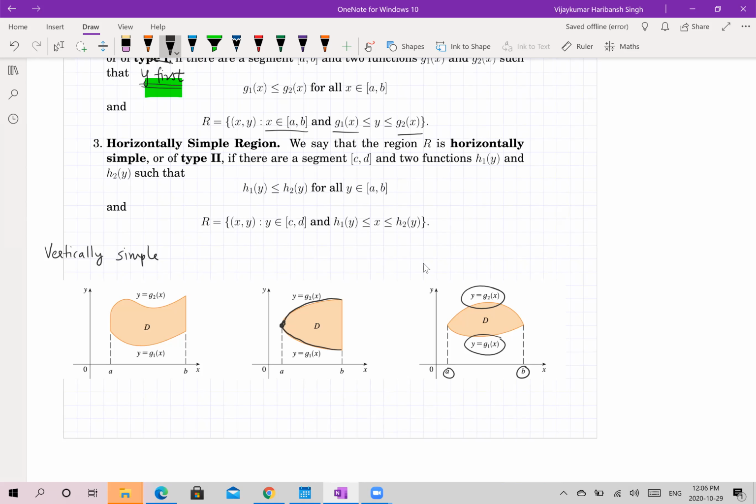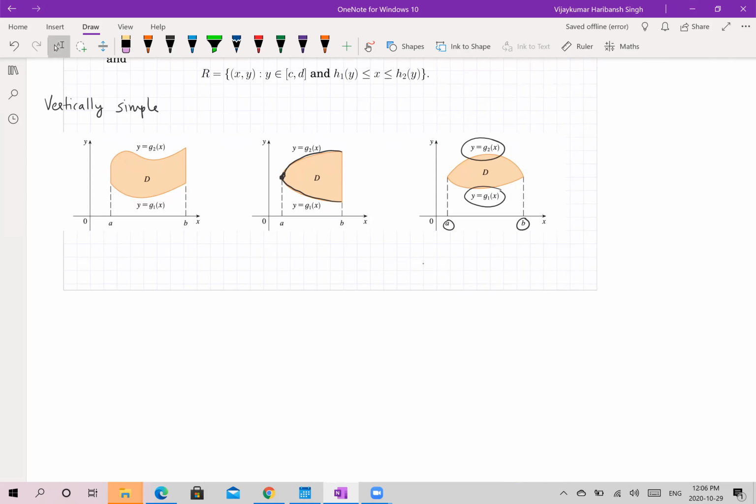Similarly, let's discuss the horizontally simple region, or type 2, or x first region. I'll draw this. This is your type 2, so it will be x first.